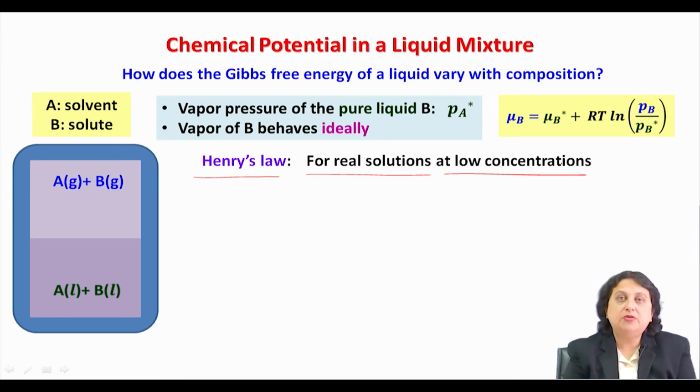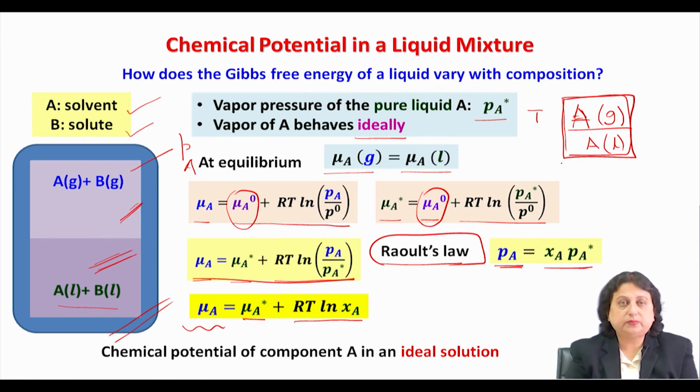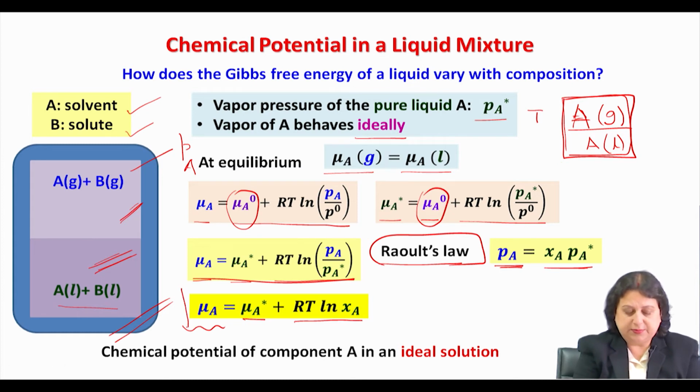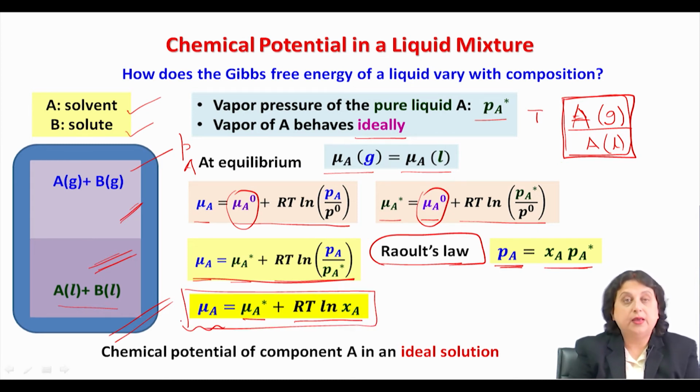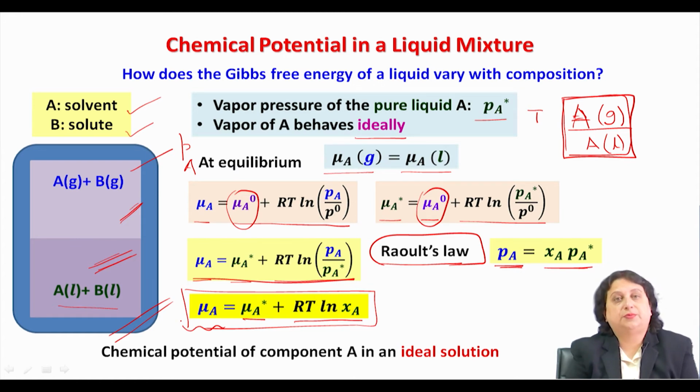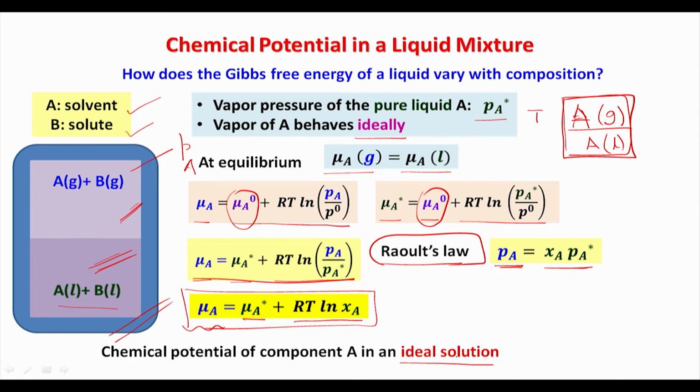Now, let me remind you that in the application of Raoult's law, this expression of mu is assumed to be the defining expression for an ideal solution. So, if a liquid solution obeys Raoult's law, it is called an ideal solution.